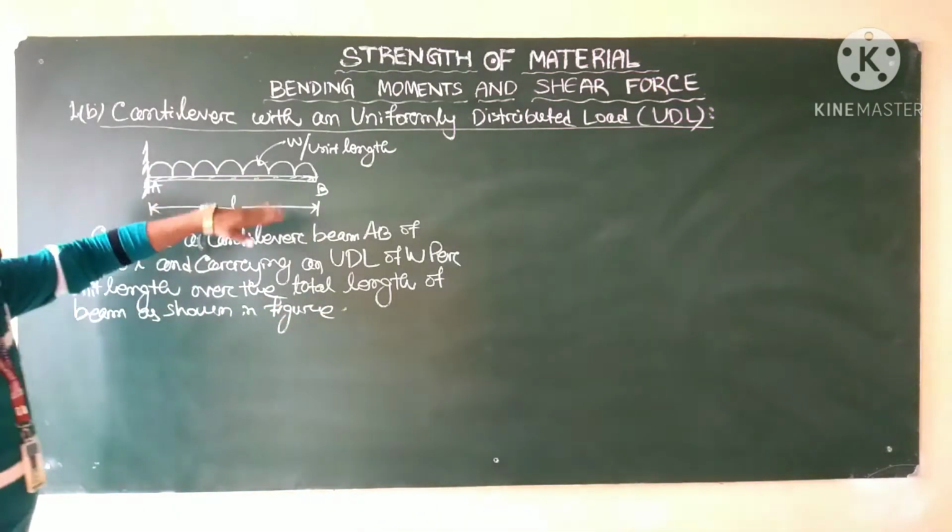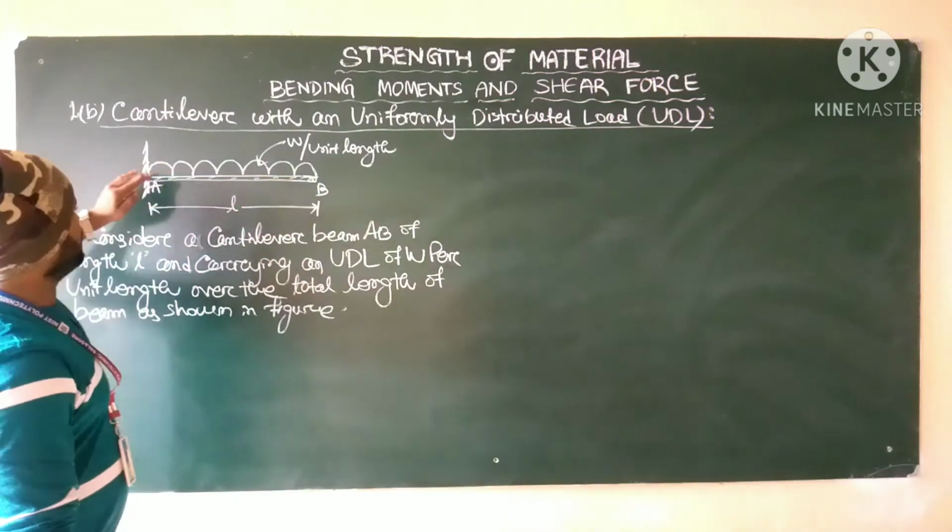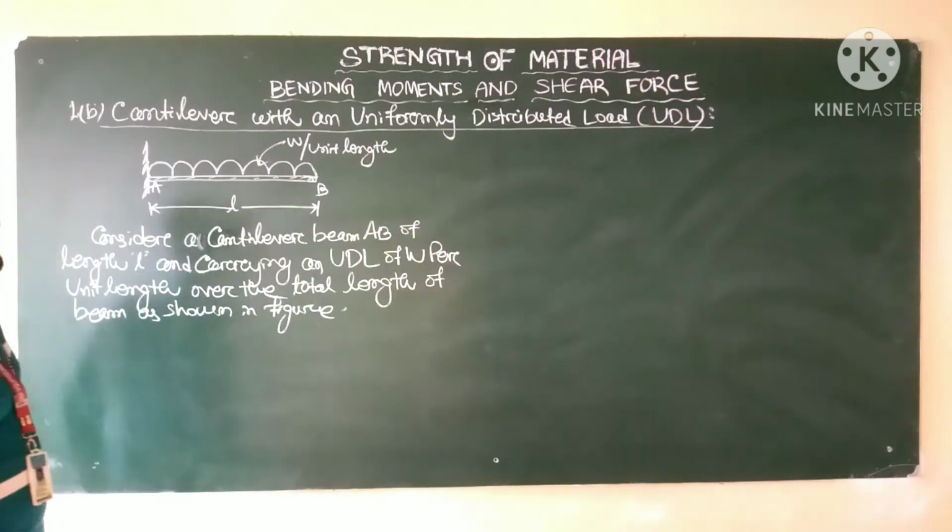So the UDL is over the total length of the beam.